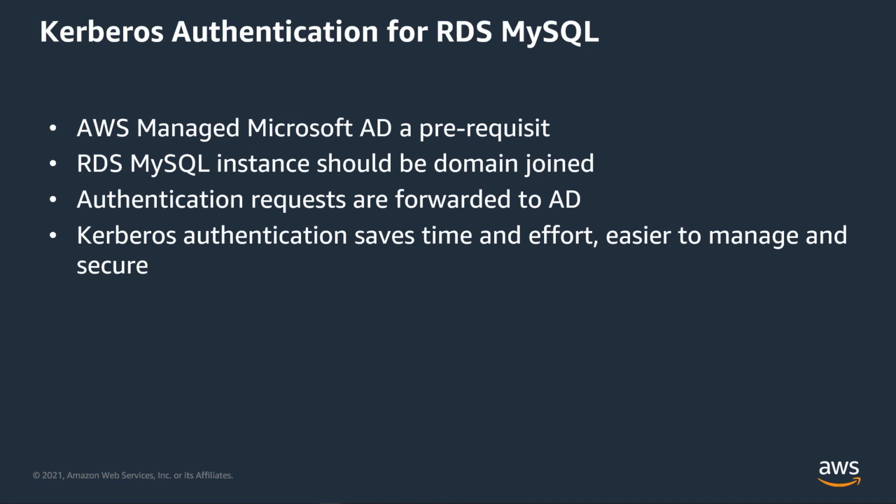For this to work, you have to first join the RDS MySQL DB instance to an AWS Managed Active Directory domain. When a user authenticates with a MySQL DB instance joined to the trusting domain, authentication requests are forwarded. Forwarded requests go to the domain directory that you create with AWS Directory Service.